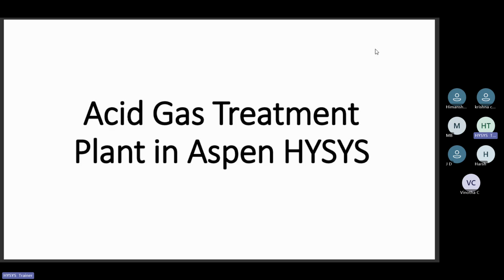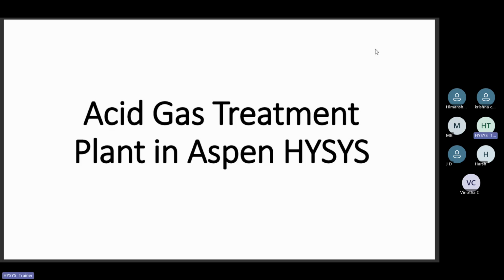Till now in the lab part, there are questions on the NGL fractionation train like 90% of the time. So if you do that, and if you attend the different exercises on columns that we will be covering in today's and tomorrow's sessions, you will be more confident, and your chances of passing the lab part of the certification examination will increase. That's why it's my kind request to not miss any part of today's session as well as tomorrow's session.